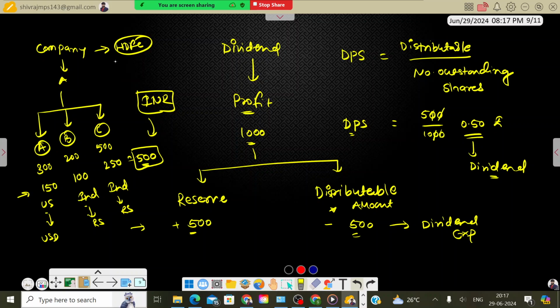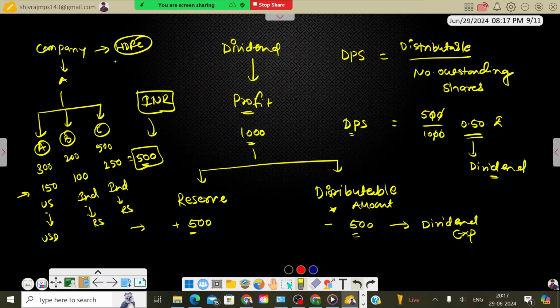The company will also announce these dividends in their prospectus, and the dividend you receive is income. You can apply income accounting to that dividend income, and the company will treat it as a dividend expense in their books of account. So this was all about dividend per share.